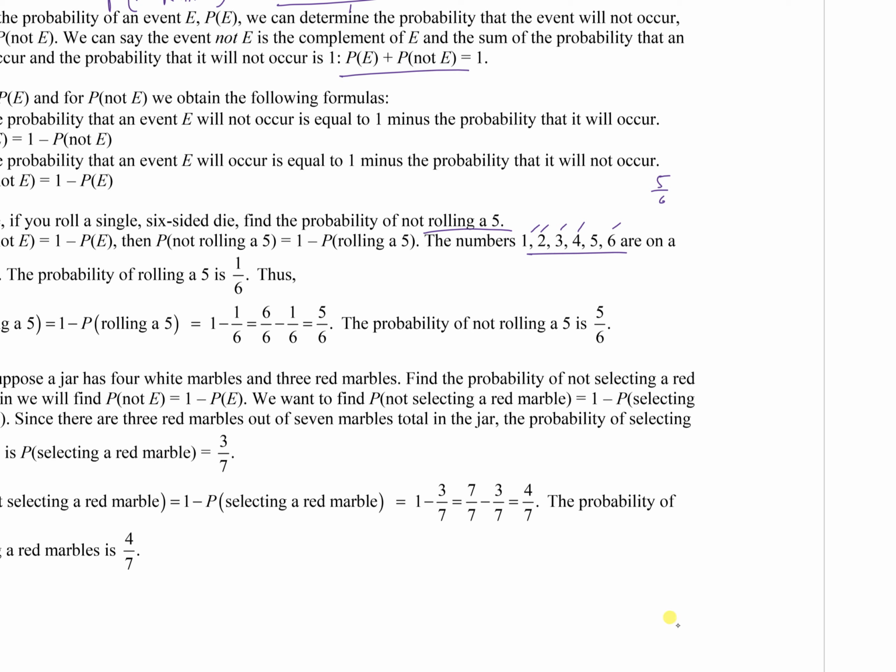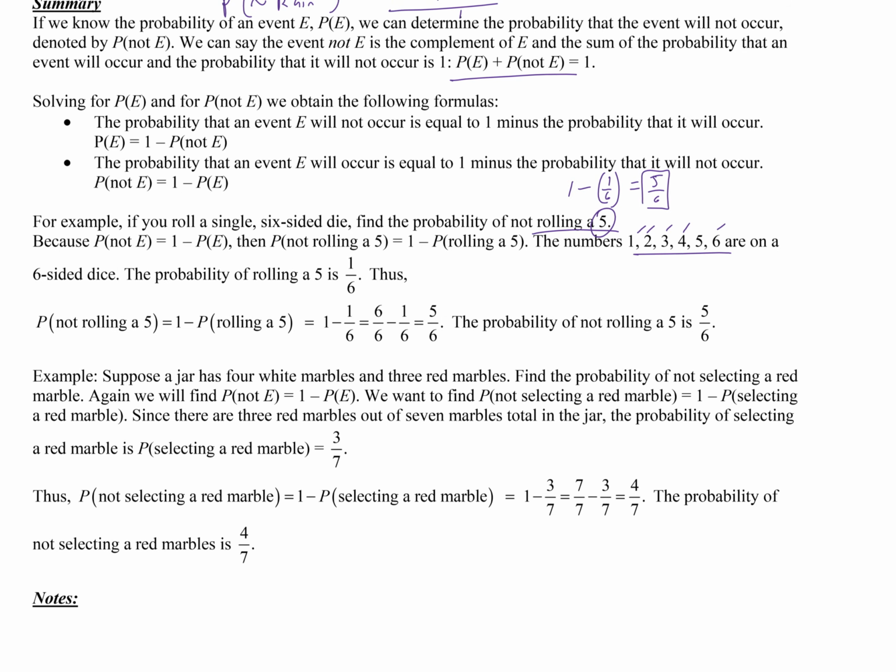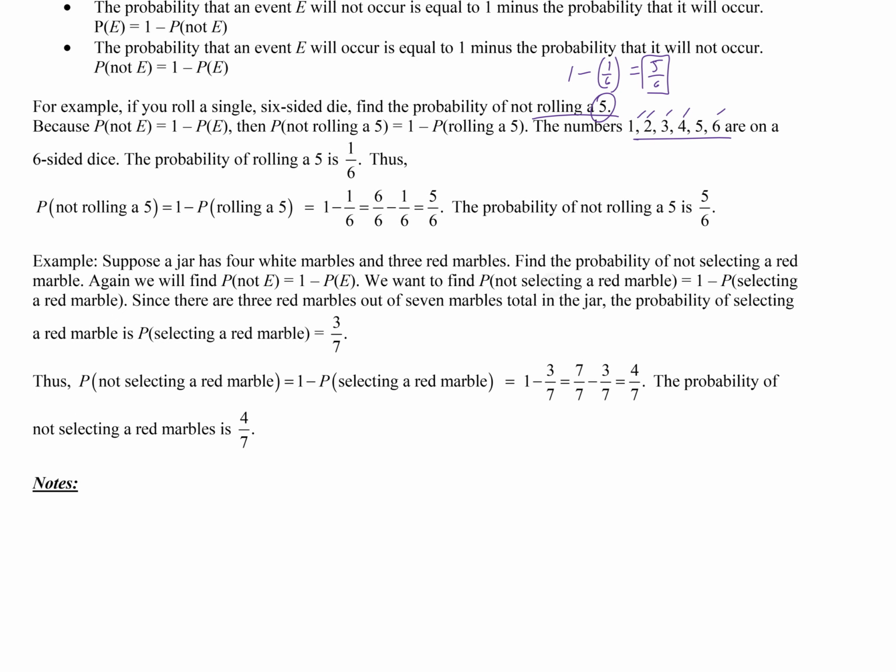The probability of getting a 5 is 1 out of 6. And so that means that not 5 is going to be the opposite. So 1 minus that probability would be the probability of getting not 5. That makes sense? So that'd be 5 out of 6. Same idea. So that's how you would do it with complements.